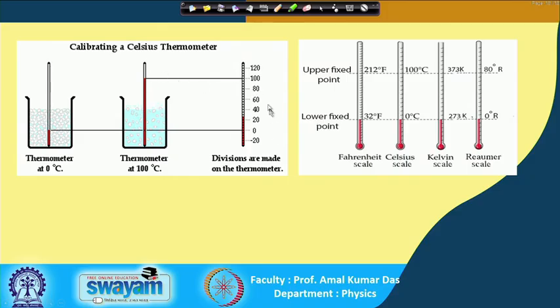So, if you compare with the standard at these two temperatures, then basically you will find the length for the 100 degree temperature, and the others you can just calculate, divide, and find out. Okay.